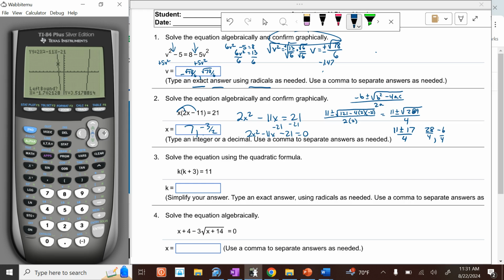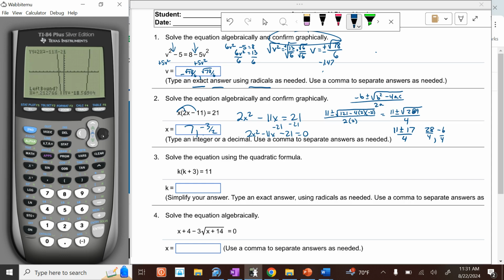To find that 0, I go to the left of where it intersects the line, press enter. Go to the right of where it intersects that line, press enter, and press enter again. I get negative 1.5, which is negative 3 halves. If I want to find the other 0, it's second trace 0.